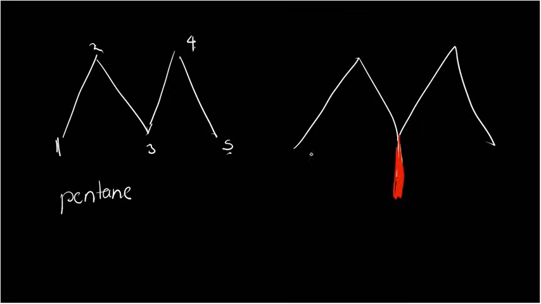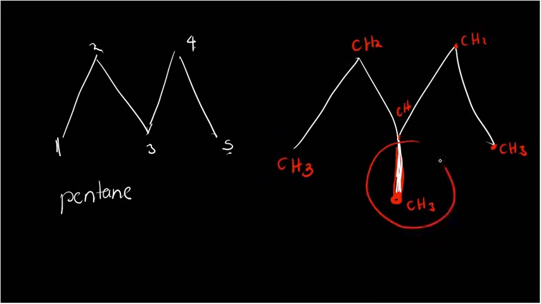Here it is CH₃, here it is CH₂, here it is CH₂, here it will be CH₂, and at the end here is CH₃, like that. So we're having a branch which is here. This is the substitute or the branch.